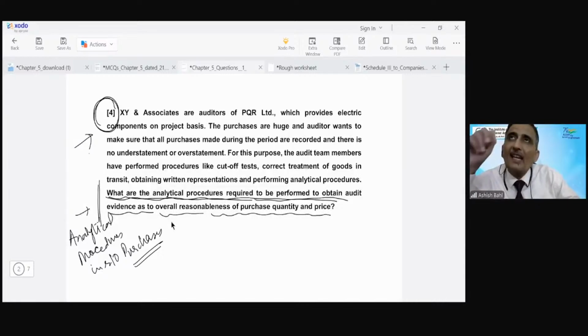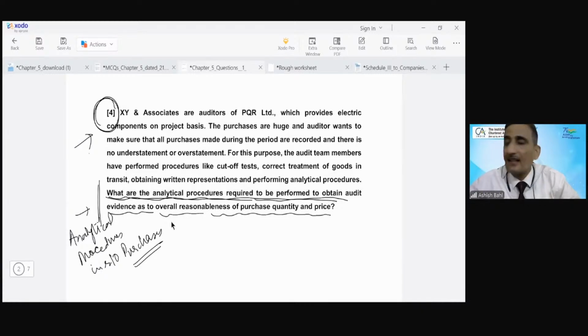You would take care to write only analytical procedures here and nothing else. The rest is all description. It is a base for making a situation. You have to write only analytical procedures for raw material purchases.